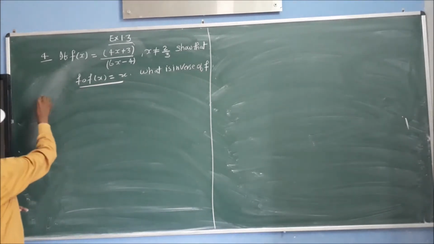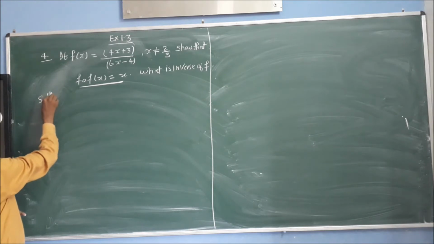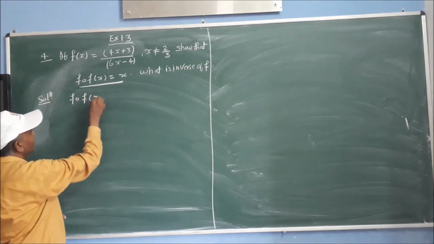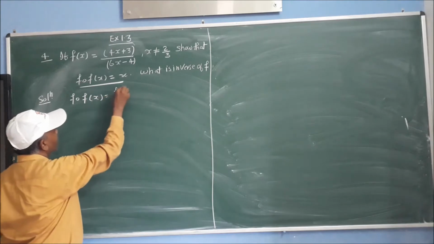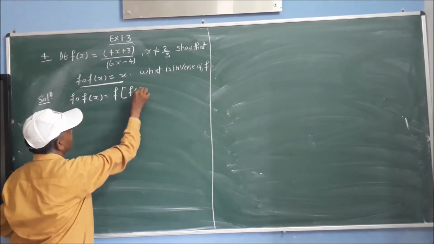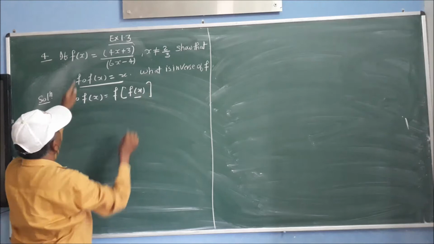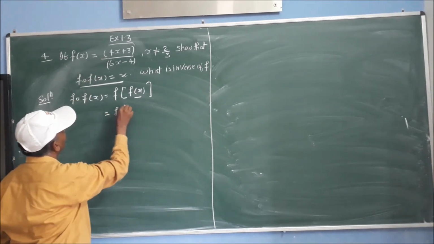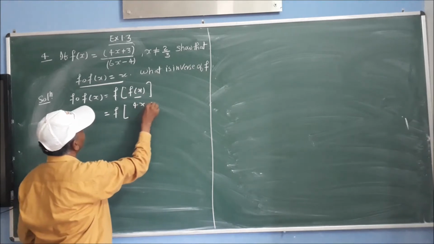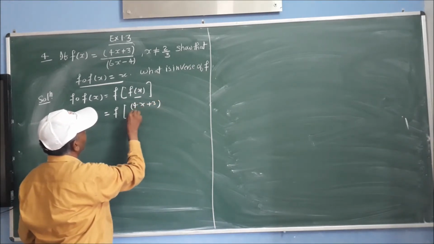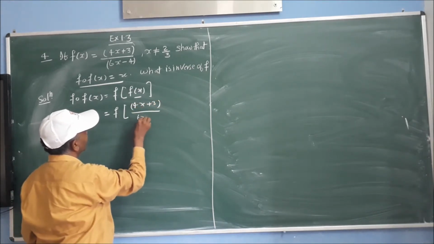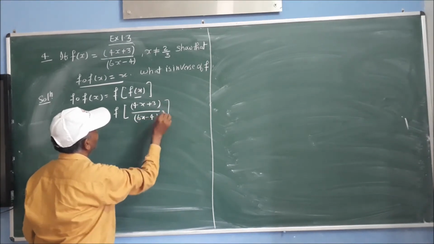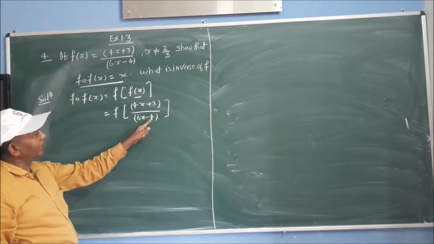To show this result, the solution is: f(f(x)). This can be written as f of f(x). As you know, f(x) is equal to how much? This term. So this can be written as f of (4x plus 3) over (6x minus 4), like this, 4x plus 3 and 6x minus 4.